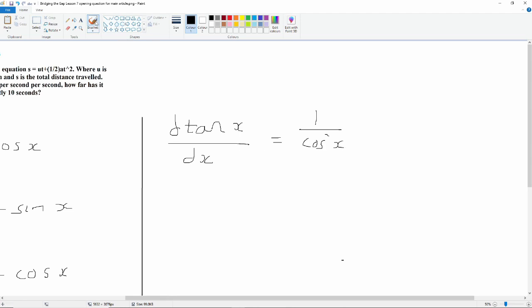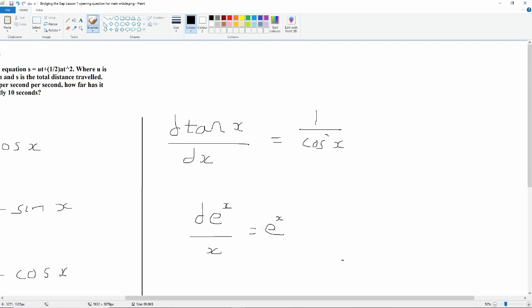And then two more. This one's a great one. This is probably my favourite derivative of all because it is so very easy and easy to remember. The derivative of the exponential function e to the power x with respect to x is equal to e to the power x.